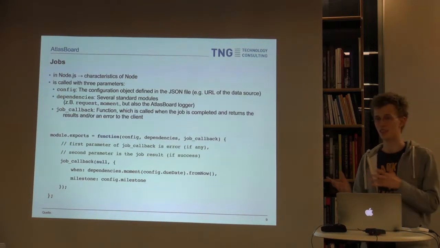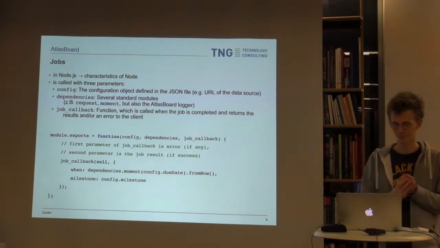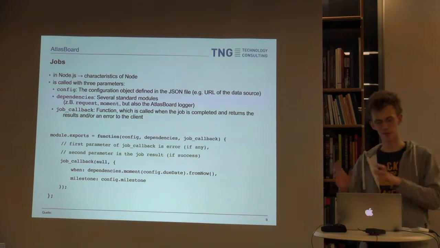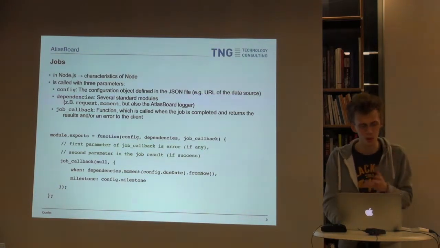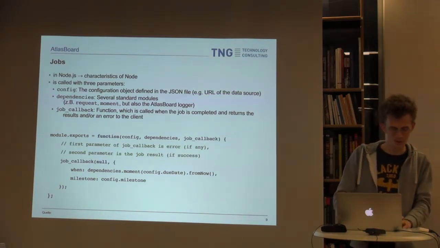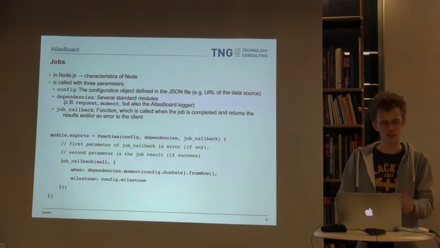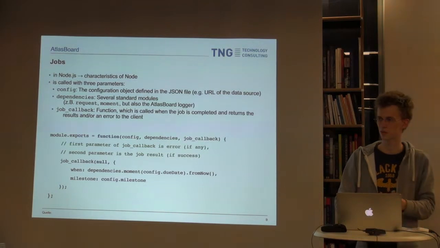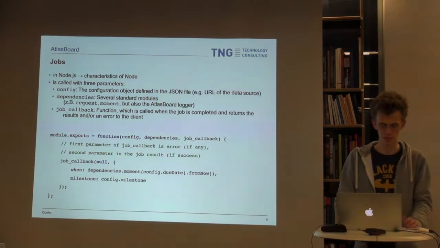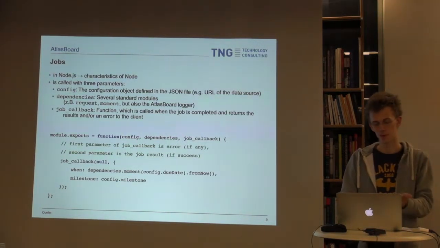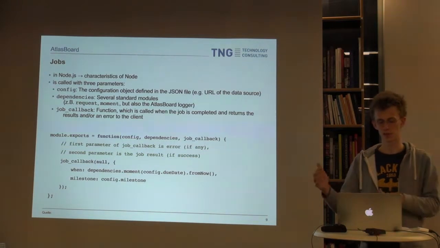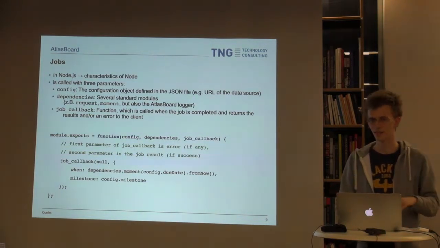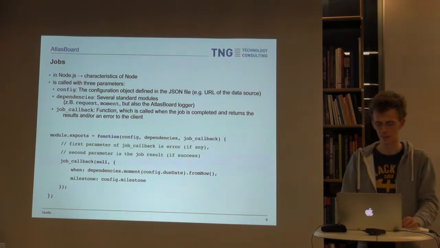Now the interesting part, I guess, the jobs, which we have to have, with a few quirks or characteristics of Node. The job, as I mentioned before, is called with this config object, which carries all the parameters. It's also called with dependencies, several standard modules, and obviously you can include whatever you like here.